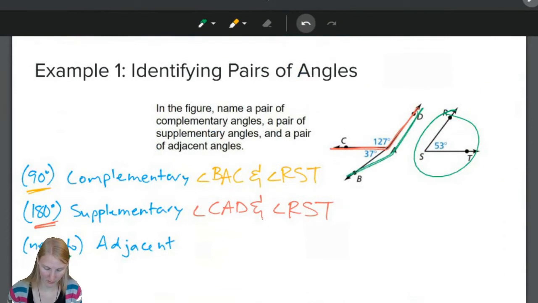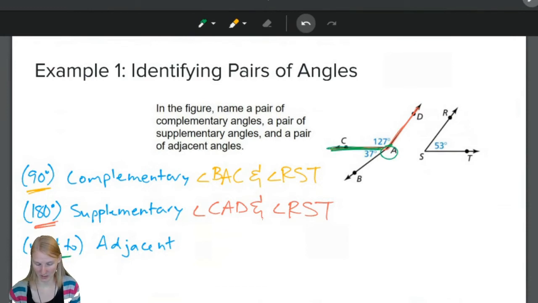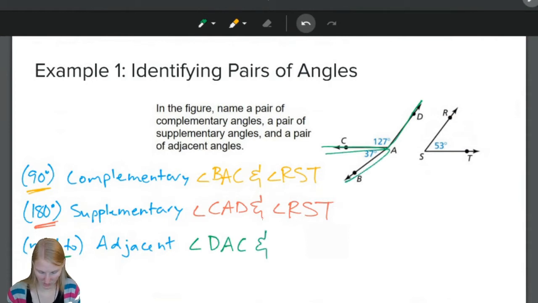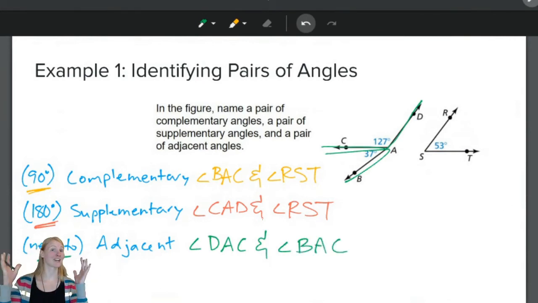They share the vertex A, and they share this side right here. So, angle DAC is adjacent to angle BAC. Ta-da!